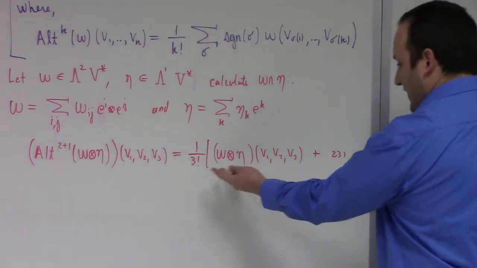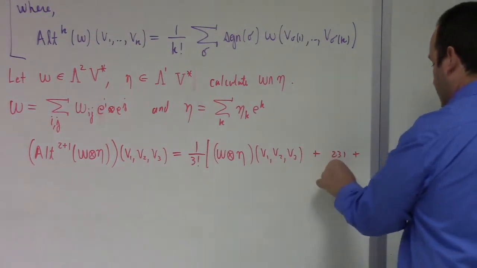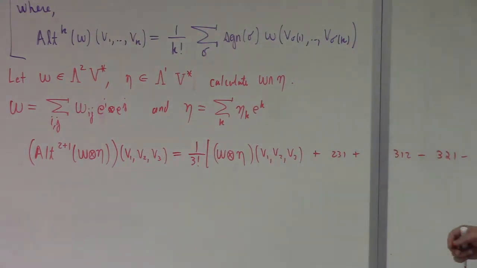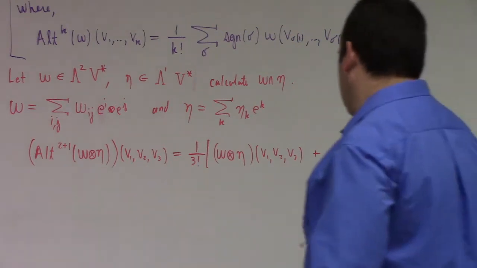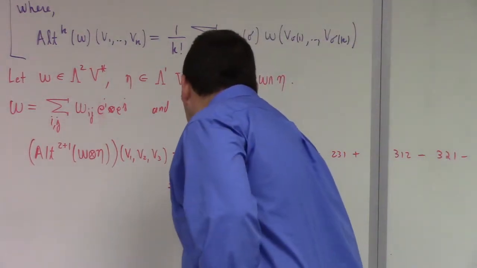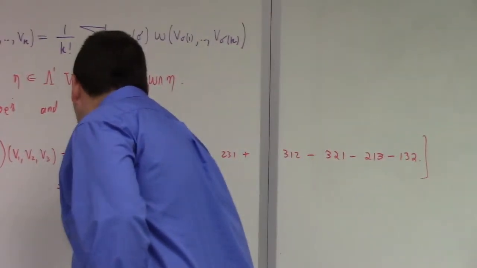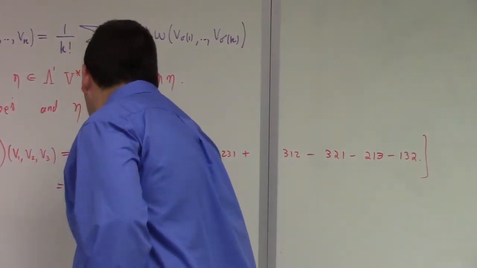The same thing, but with 1, 2, 3 replaced with 2, 3, 1, and so forth. So that gives us 1 over 3 factorial, otherwise known as 6, but I'm going to leave it as 1 over 3 factorial.